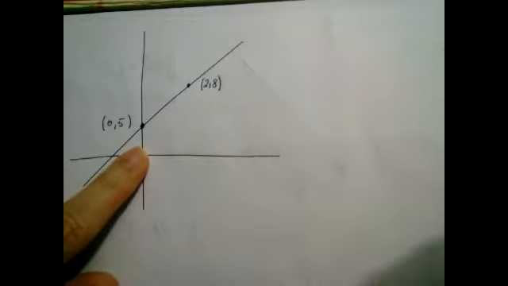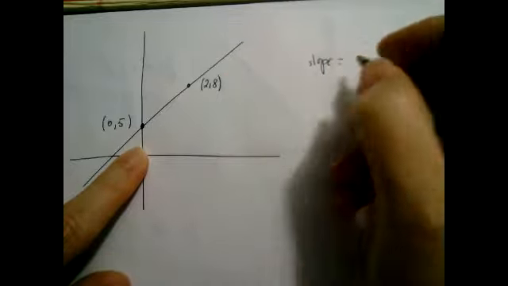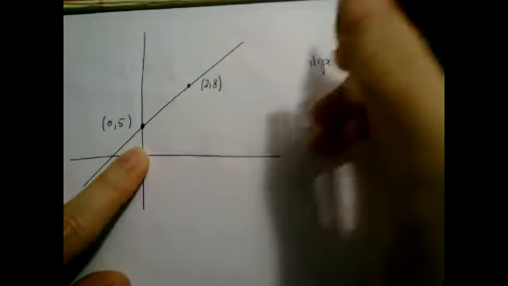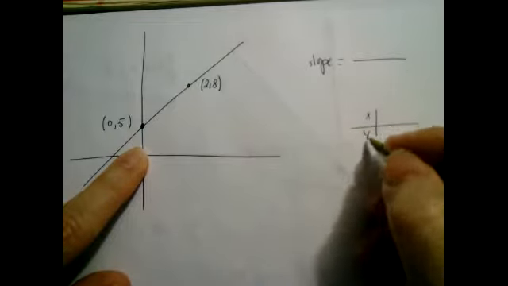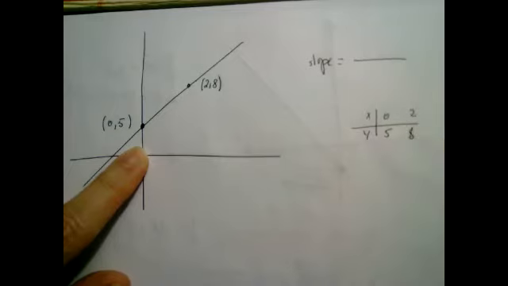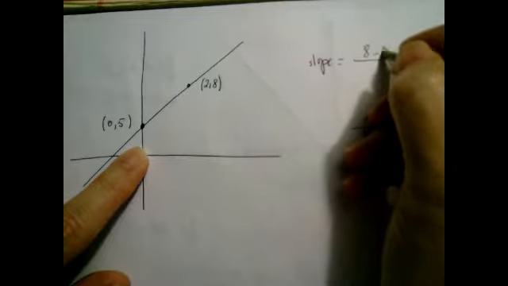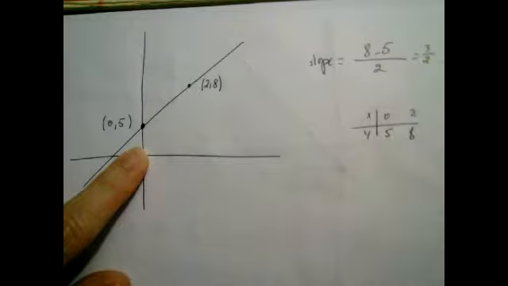And let's compute the slope. If I have 2 points, as I always did in class, this is the x and the y: 0 is 5, and 2 is 8. So the slope is 8 minus 5 divided by 2. So the slope is 3/2.